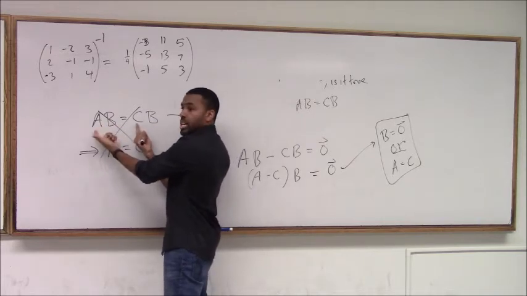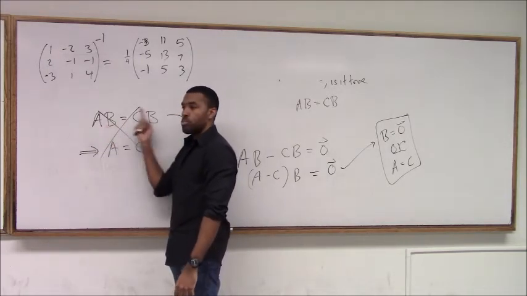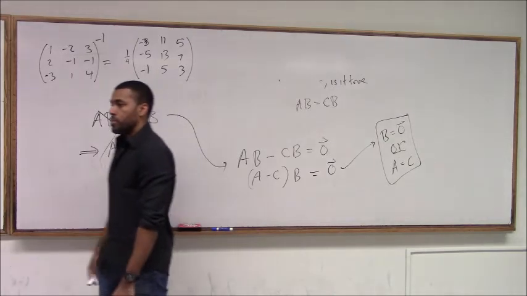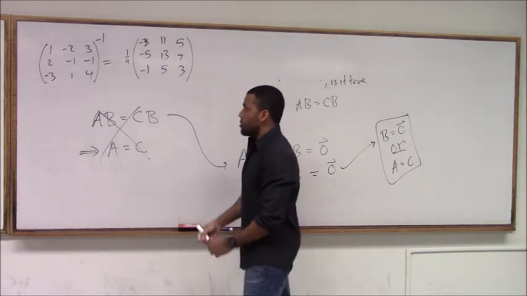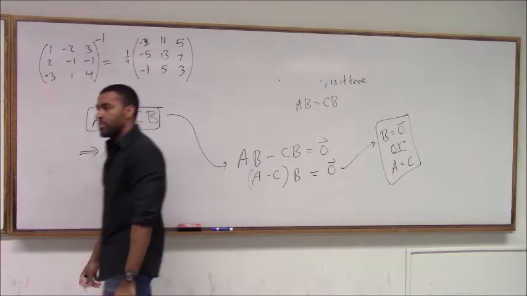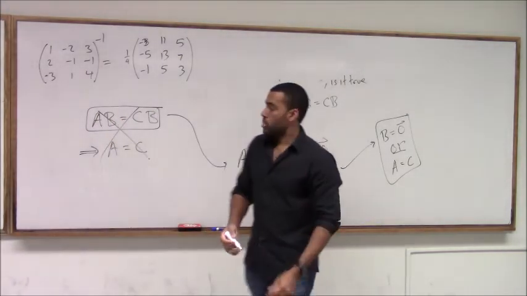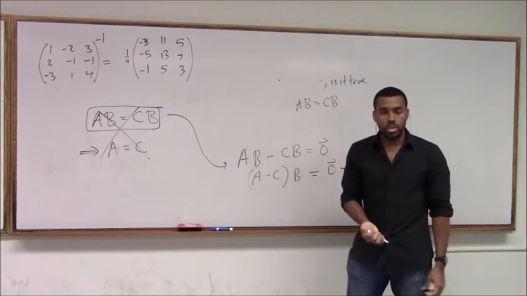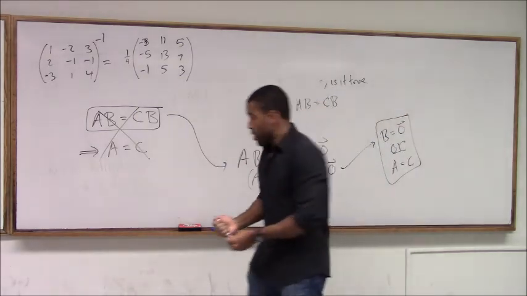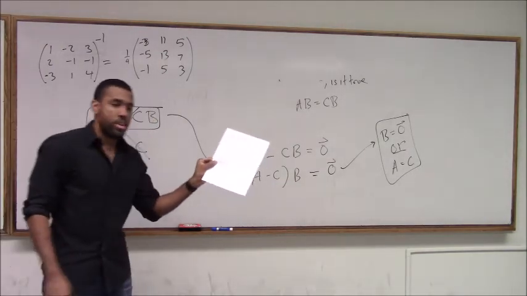If the dimensions of these two weren't the same, the dimensions of the products would not be the same. So if you're given this equation, it is necessarily true that the size of A and C have to be the same. Is it also why the order of distribution matters? Well, the order of distribution matters because matrix multiplication is not commutative. And by the way, if you look at that, that's actually a property from property 5.